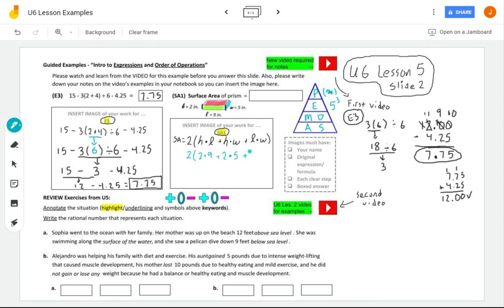And then L is 9, W is 5, so this last one is 9 times 5. You shouldn't end up with the exact same numbers in each of these unless some of the lengths were exactly the same. So it should be 3 distinct pairs of numbers.